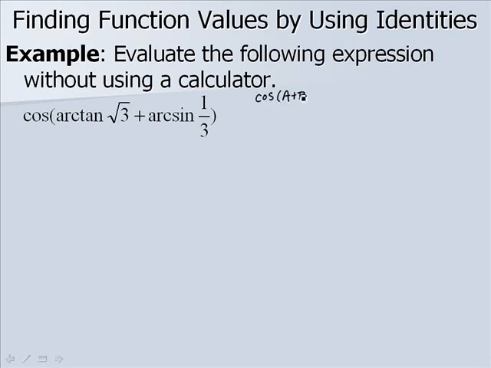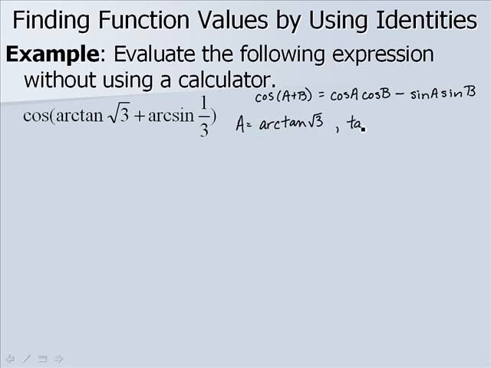cosine of a plus b, that is equal to the cosine of a times the cosine of b minus the sine of a times the sine of b. So we know in this case that a is equal to the arctangent of square root of 3.